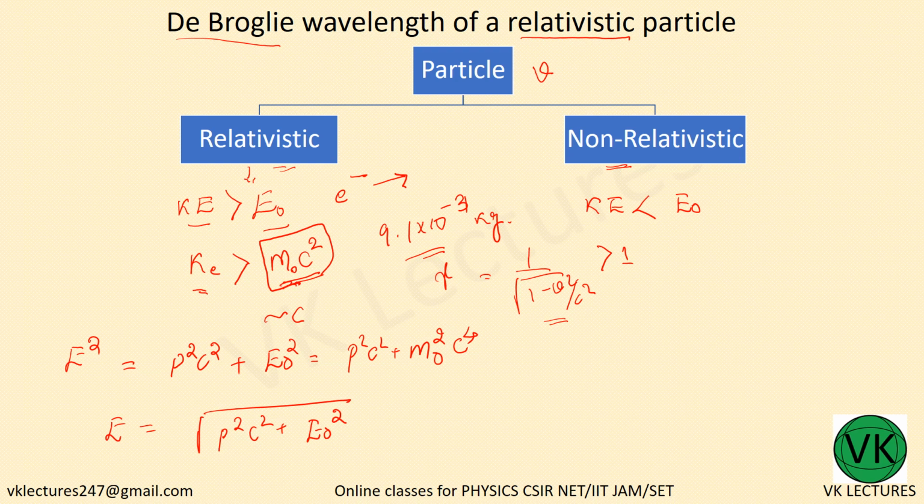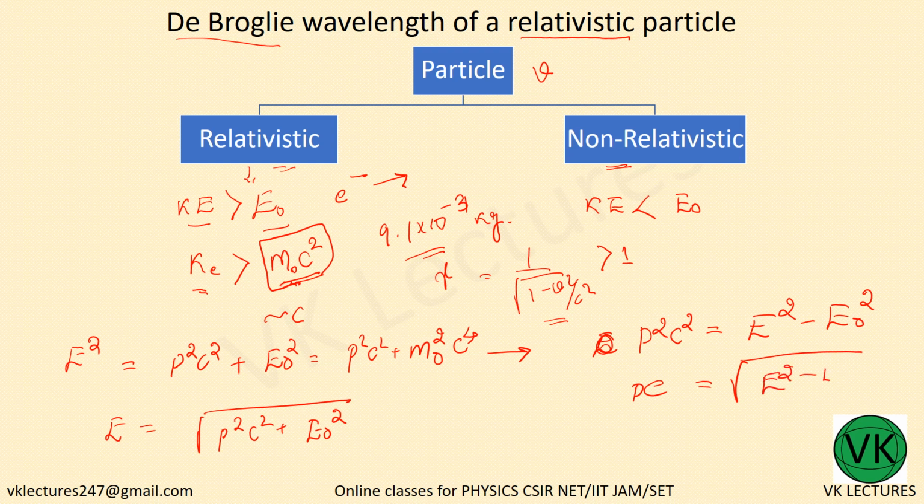From the above equation, P square C square is equal to E square minus E naught square, or PC is equal to under root E square minus E naught square.